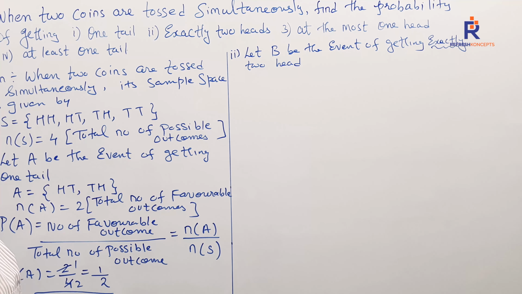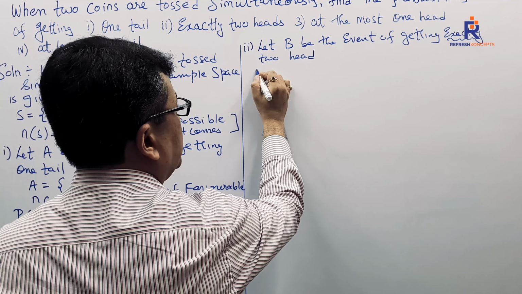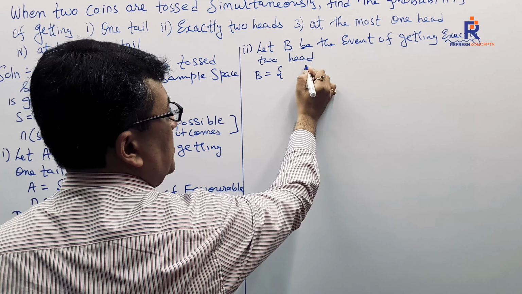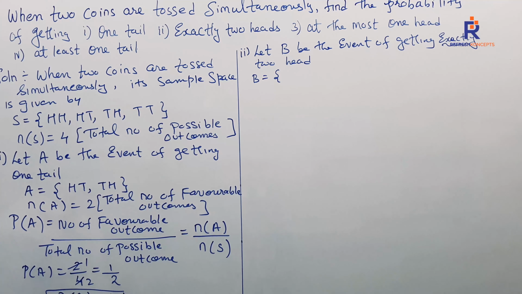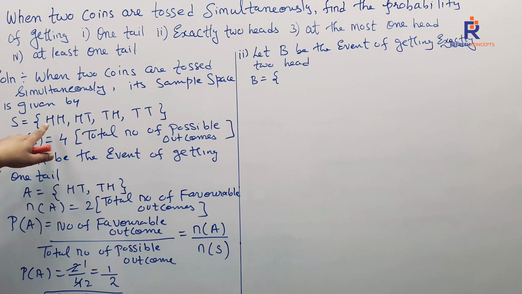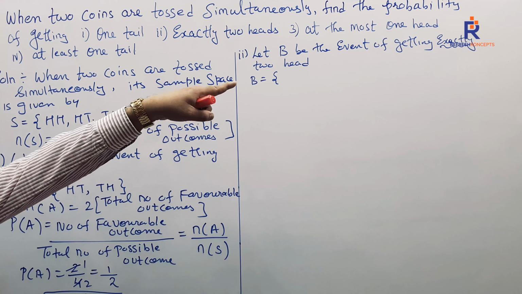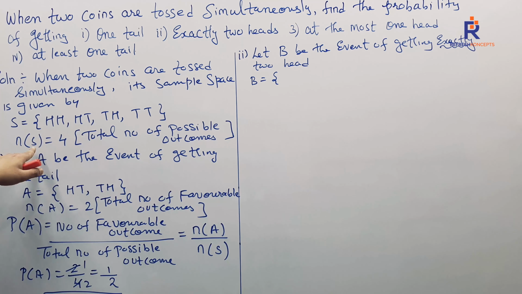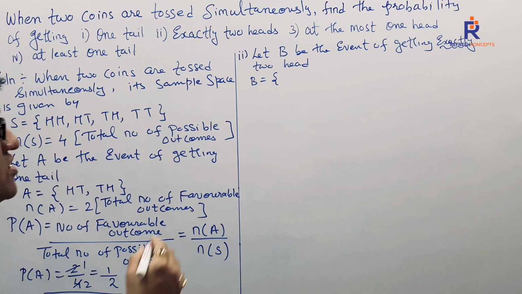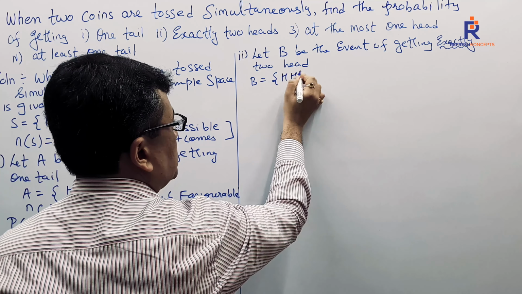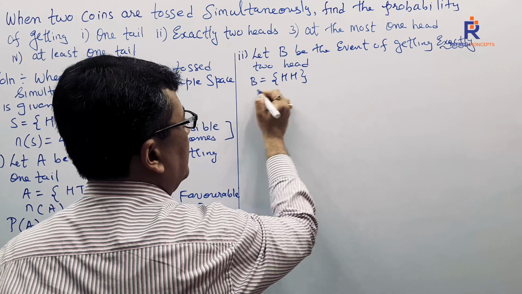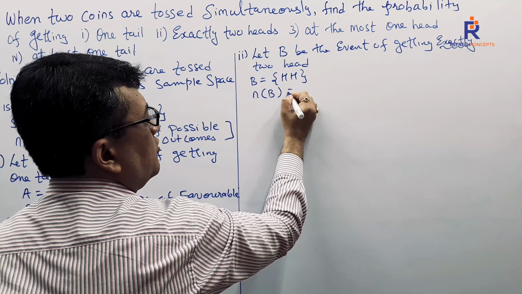Exactly means we want exactly 2. So what are the sample points in this event B? Exactly 2 heads means HH. So I can say n of B is equal to 1.